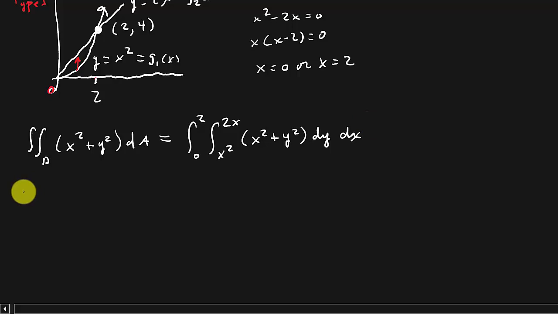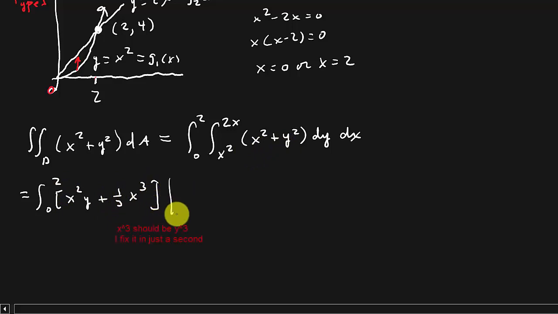All right, so let's see what we get. So we got 0 to 2. Now we're integrating this with respect to y. And so that's going to be x squared y, right, plus 1/3 y cubed.